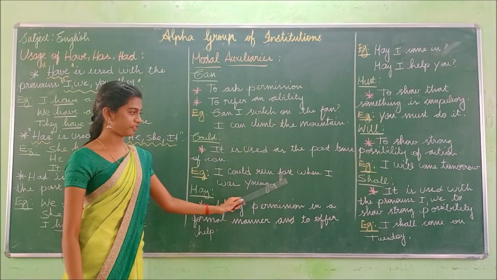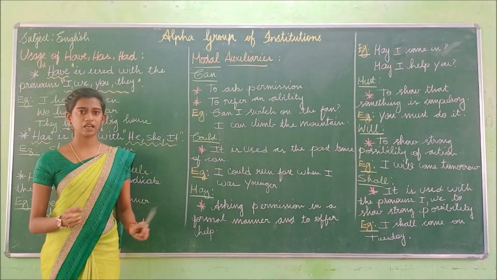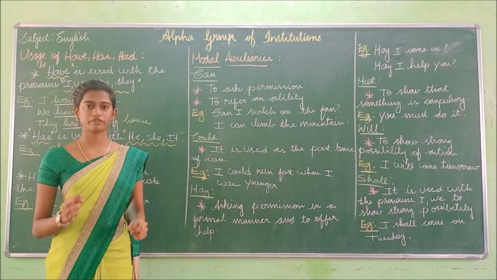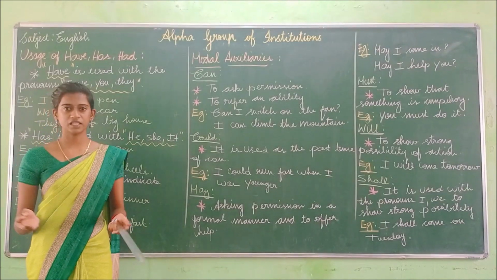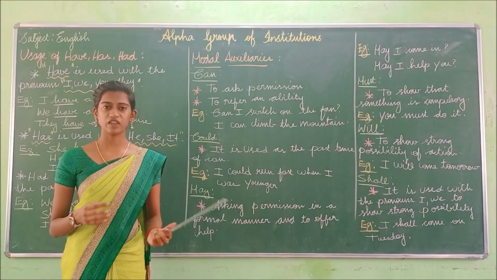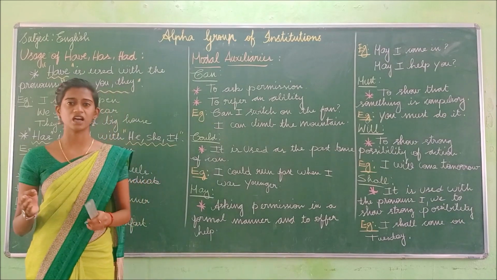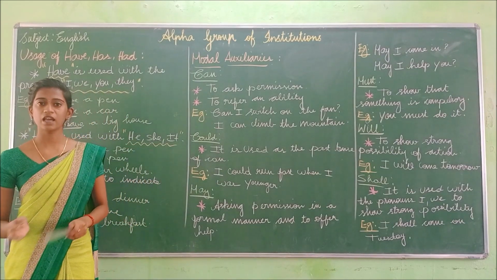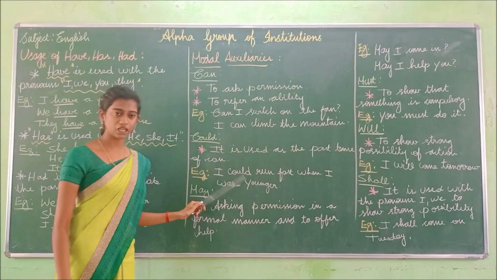I could run fast when I was younger. This sentence indicates the past. A man who is old now is saying, I could run fast when I was younger. So when he was young, he was able to run fast. He is telling the sentence in the past tense, so they have used the modal auxiliary could.